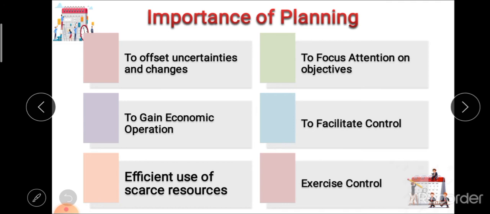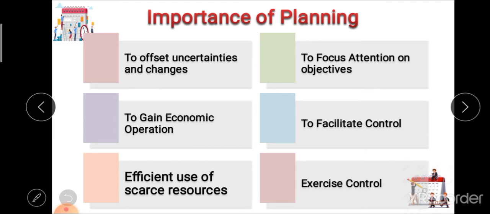Because of planning we can minimize cost, because the emphasis is on efficient operation and consistency, and it substitutes for unwarranted cost. We can also do the work efficiently and consistently, and unwanted cost or unwanted work can be avoided.